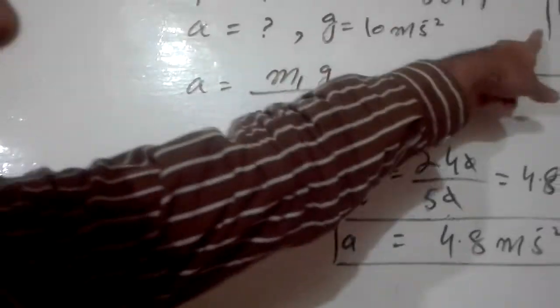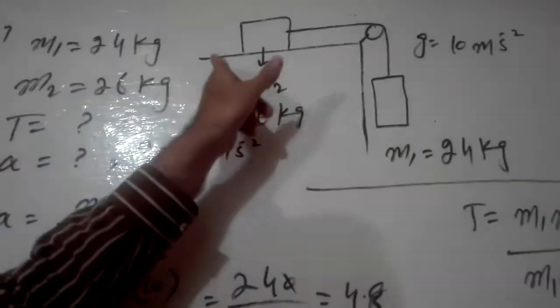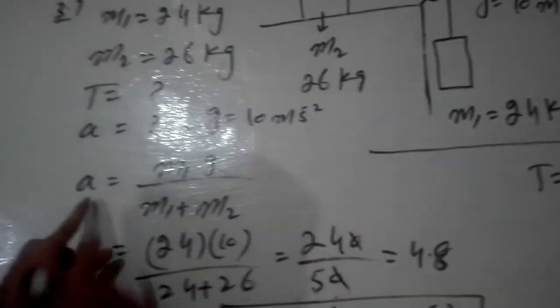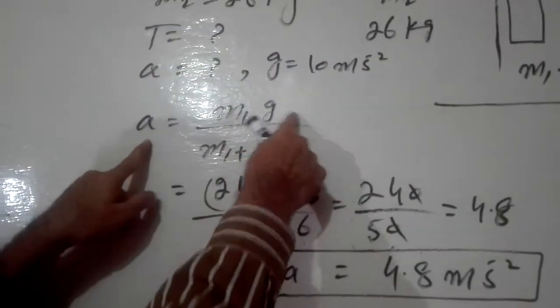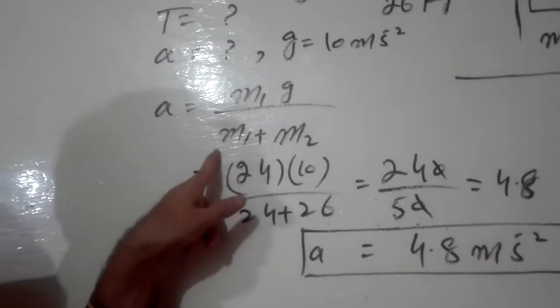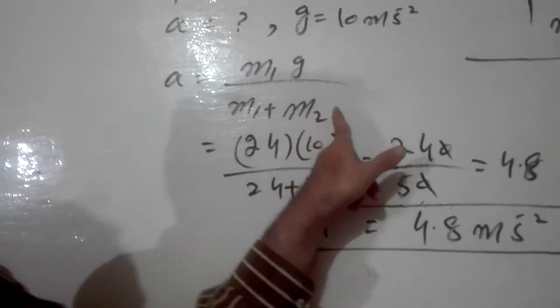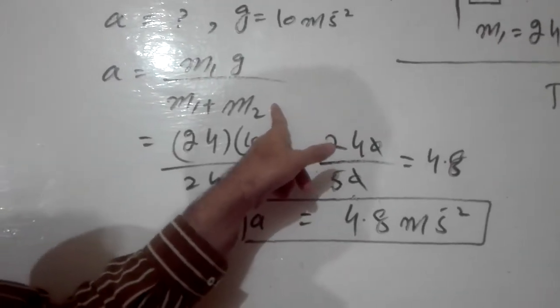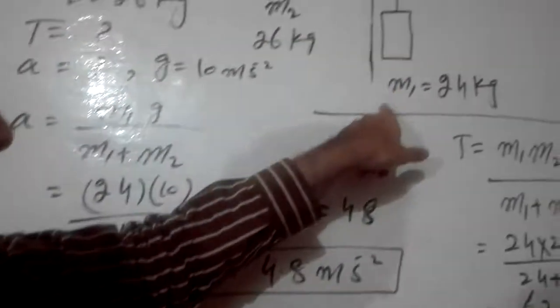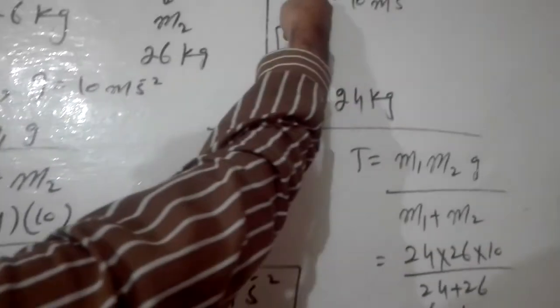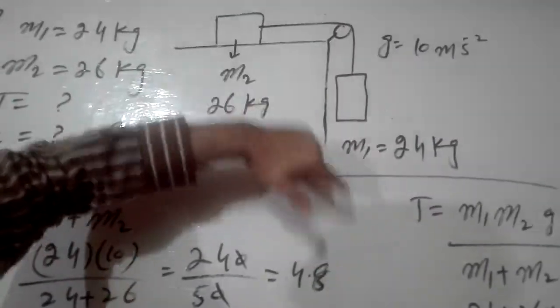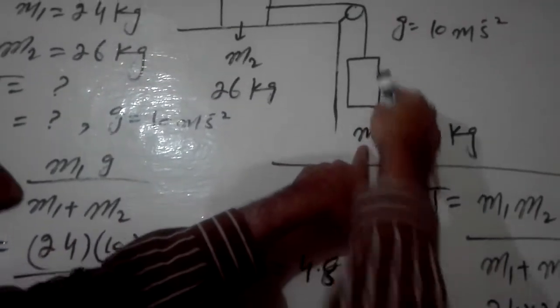Again, keep this in mind. When one body is moving vertically down and the second body moves on a horizontal surface, acceleration is m1g over m1 plus m2. I will give you a tip to remember this formula. When one body moves vertically downward, acceleration is basically produced in the vertical direction, and in the vertical direction there is only m1.